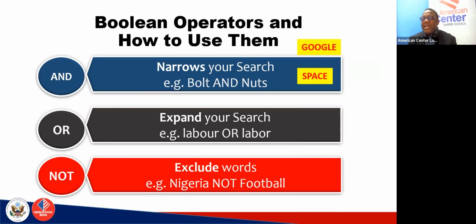So if you say smart and handsome, if you want to put that on Google, you don't need to type smart and, you just say smart space handsome. Do you get that? Do you understand that? So like bolts and nuts, you just put bolt space nut.